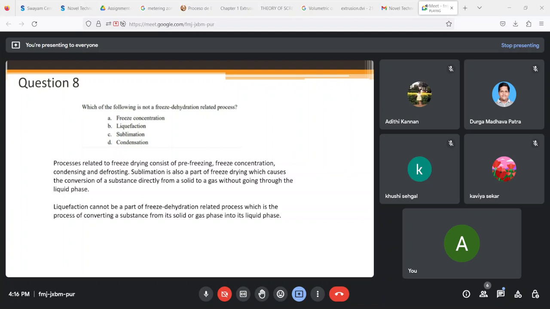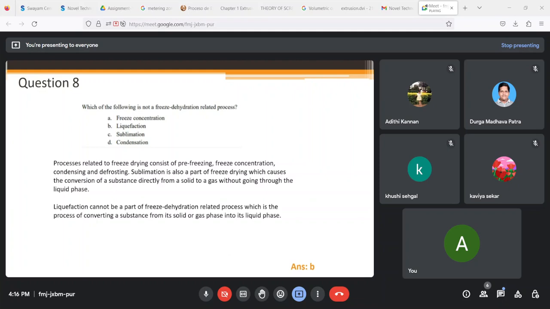So if you're dealing with very thermal sensitive products, and if it turns out that your ice changes into liquid, then it will be very difficult to remove that liquid, because now you'll have to heat the liquid to 100 degrees and then remove it. And if you're dealing with a thermal sensitive product, then it will damage your product as well. So liquefaction is something that you have to completely prevent in a freeze drying process. So the odd one out in these options is liquefaction. So the answer is option B.